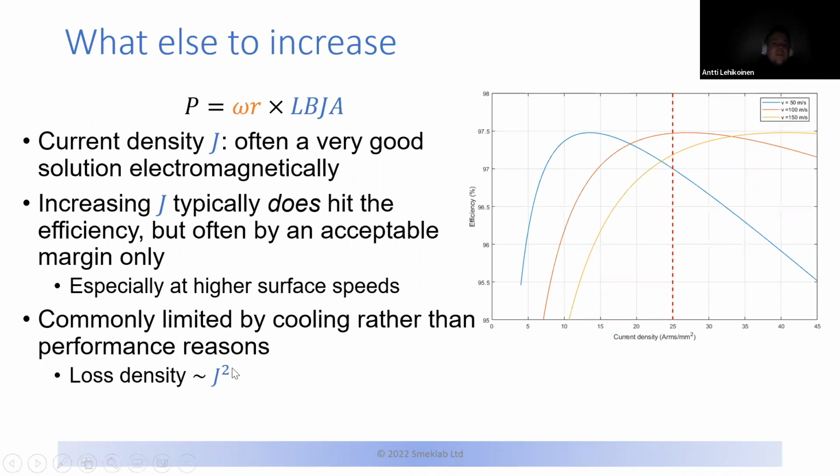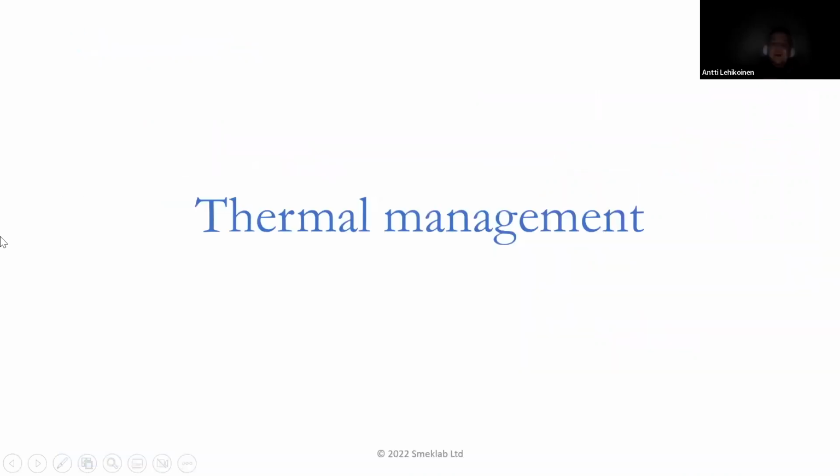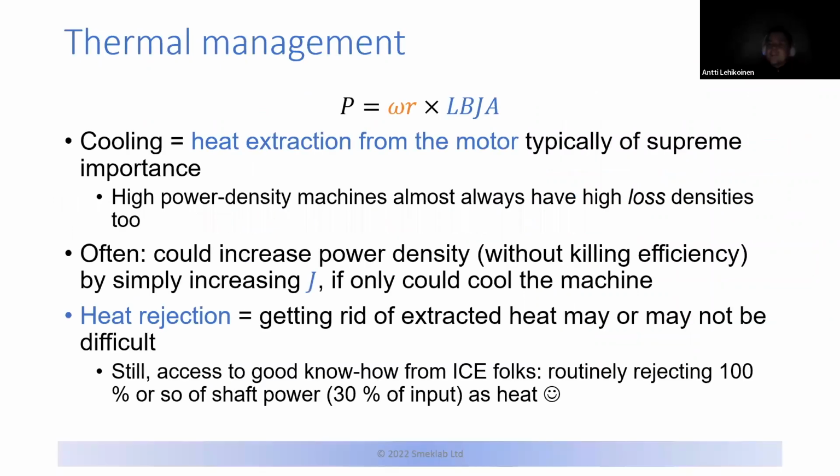Remember, the loss density in the current carrying conductors is proportional to the current density squared. And for that reason, our final topic today will be the thermal management of machines. And again, some higher end, high performance approaches will be briefly covered.